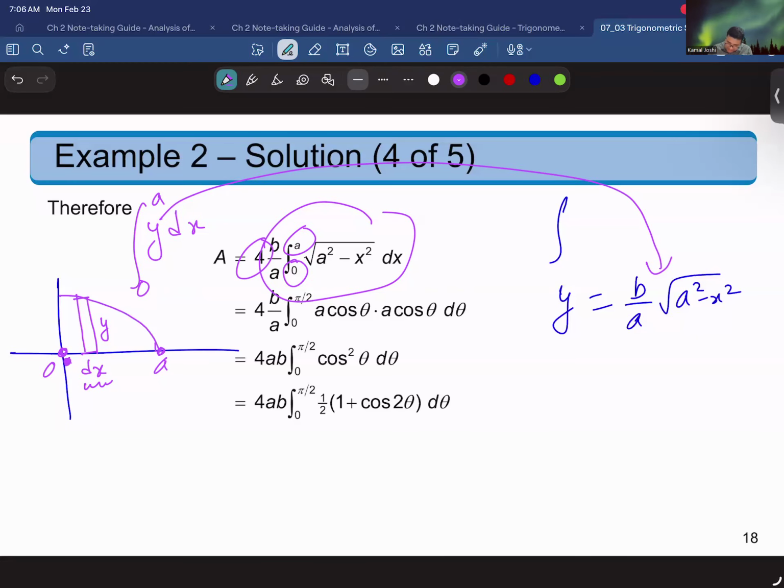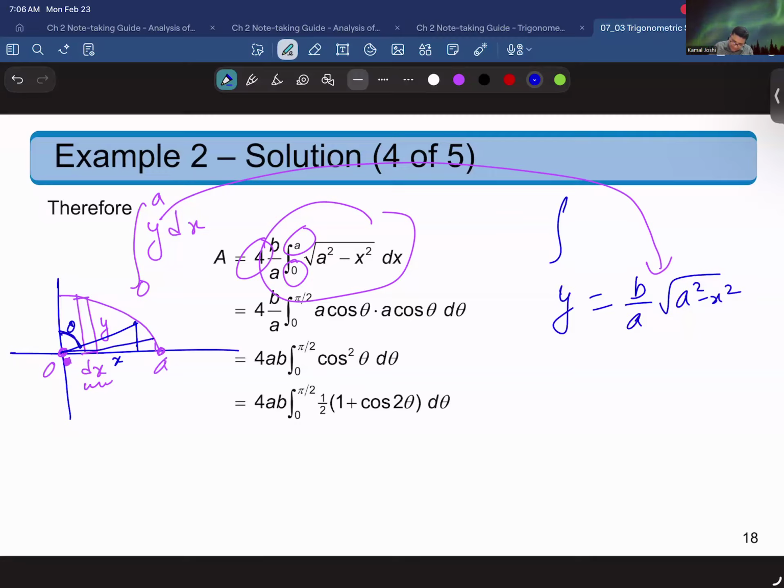Is it the angle made with the x-axis, or the angle made with the y-axis? Because if it goes from 0 to pi over 2 when x goes from 0 to a, it looks like our angle theta is this. Am I right in thinking about that? When x is equal to a, yes, at any point, if this is my x coordinate, then that's my theta.